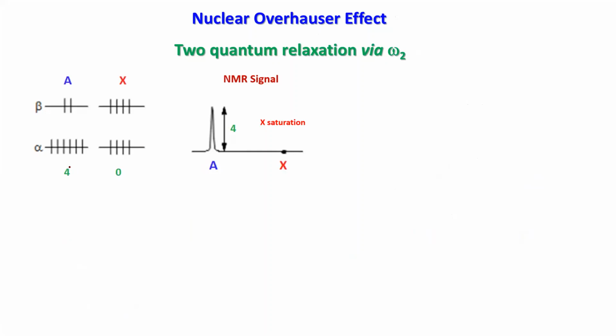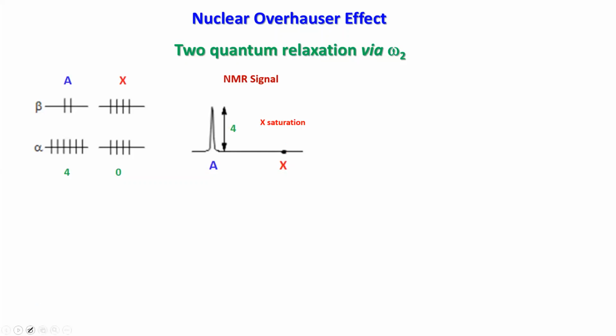You have excess nuclei for A as 4 and for X as 0. As usual, the signal due to A was 4 and X was in saturation, so you have no signal here.